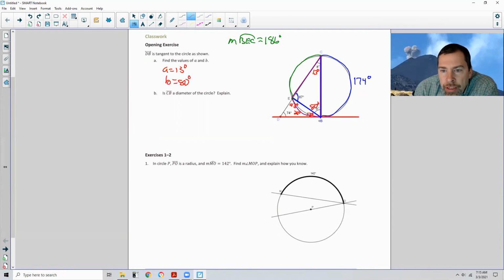The key to this was not assuming that that is a diameter. They did not give us a dot in the center that it goes through. Okay, so now it says, is CB a diameter of the circle?